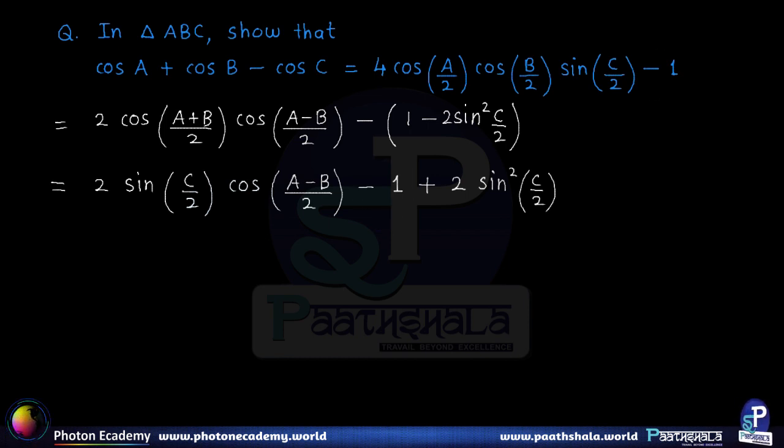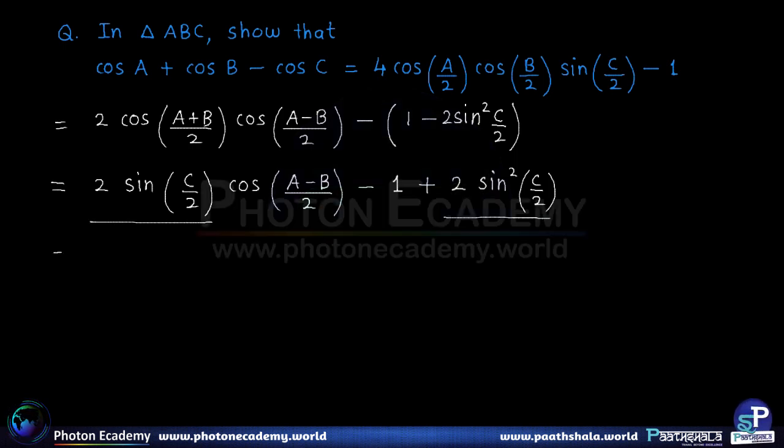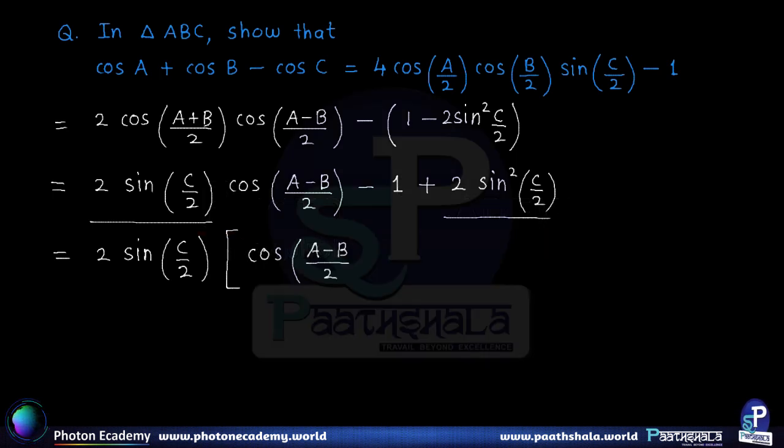In the remaining terms, 2 sin(C/2) can be taken common. So we take that 2 sin(C/2) as common, and hence in the bracket what remains is cos((A − B)/2) plus sin(C/2), and minus 1 as the last term as it is.